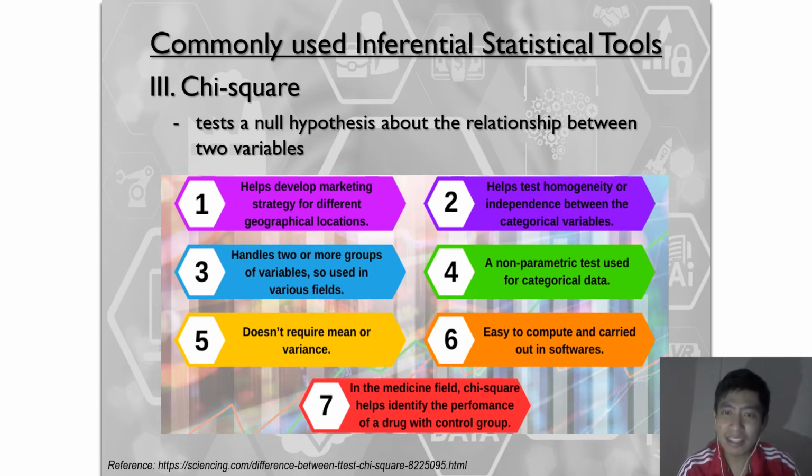It's a non-parametric test used for categorical data and doesn't require mean or variance. Easy to compute and carried out in software. In the medicine field, chi-square helped identify the performance of a drug with control groups. So chi-square is for us to know the relationship of two variables in a non-parametric way.